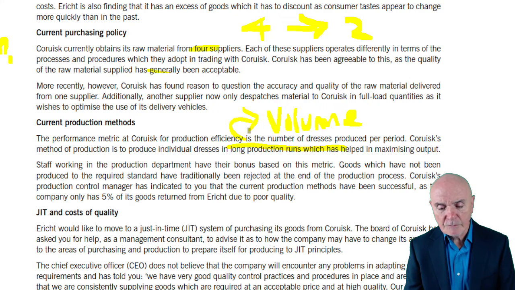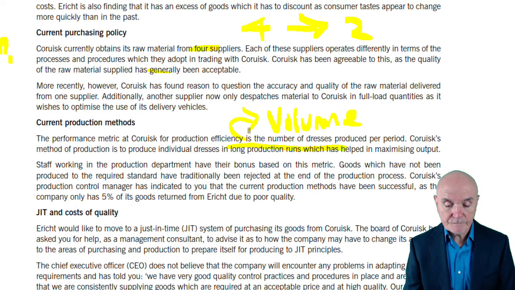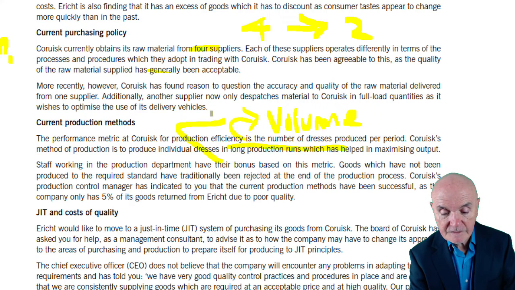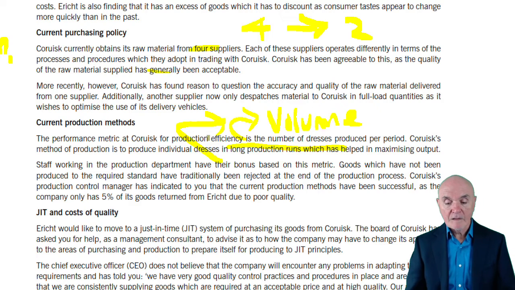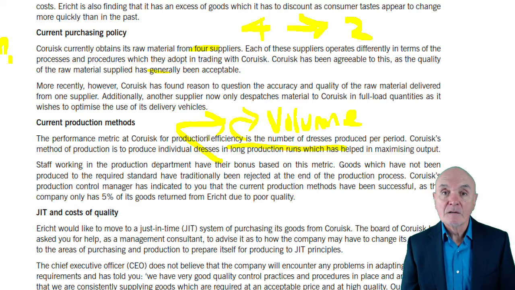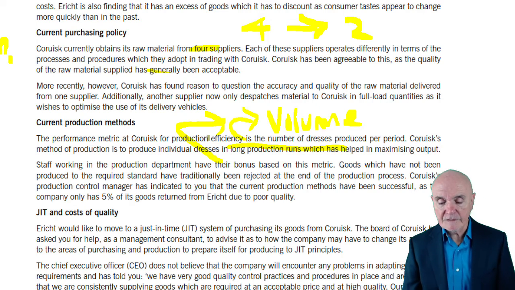So long production runs will allow high volumes at relatively low cost. Staff working in the production department have their bonuses related to this as well. So they will be very much inspired by long runs, high production volumes, big bonuses.